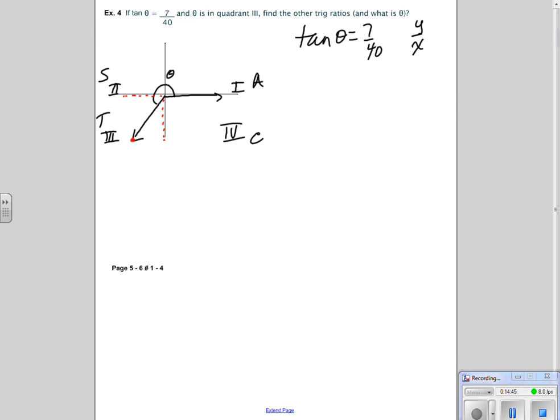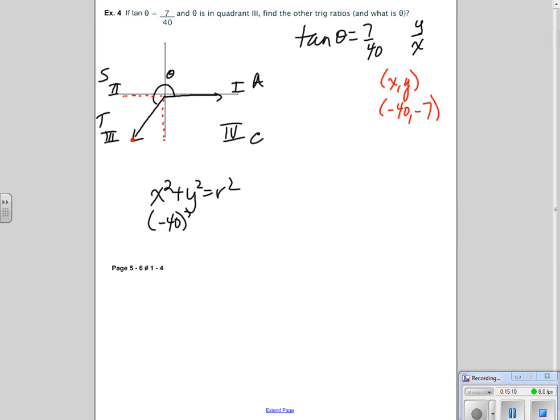So the point x, y is the point negative 40, negative 7. We need to find our r value to come up with the other two trig ratios. So we have to use that Pythagorean identity. x squared plus y squared equals r squared. Both of those numbers are negative.